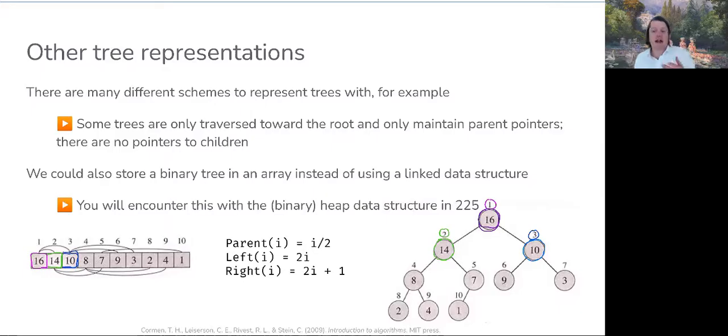Likewise, if we wanted to find 10's left child, we would multiply 3 by 2, which would give us position 6 in our array. And lo and behold, there it is.